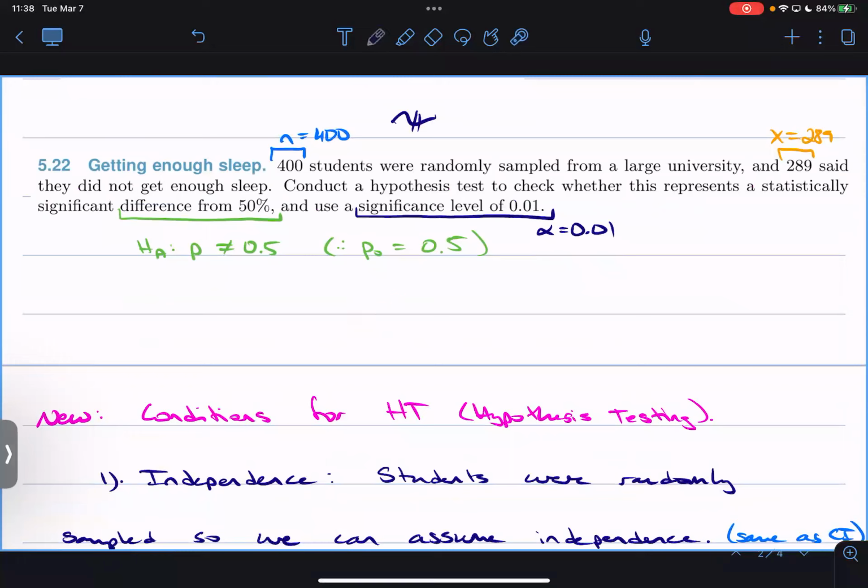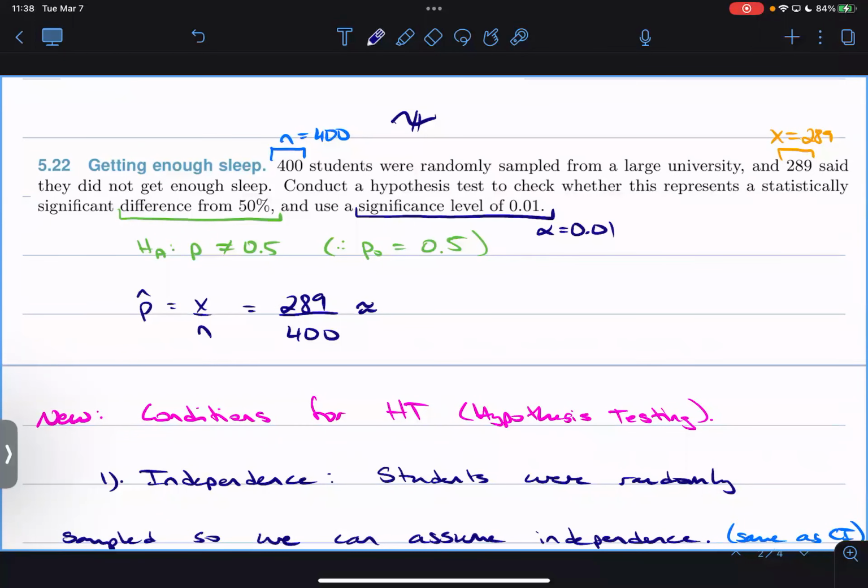Because why not? P hat is X over N. And it's very, very painful, but I am going to work across the page because obviously I've already written stuff. But 289 over 400, which I have somewhere here.